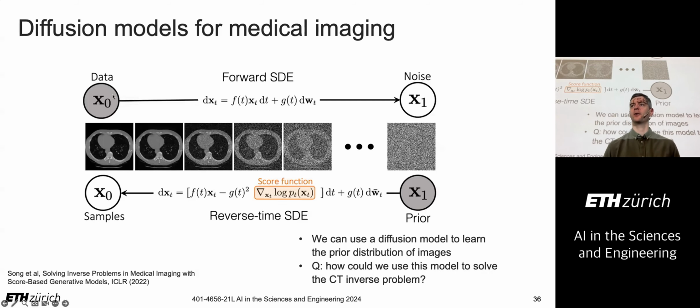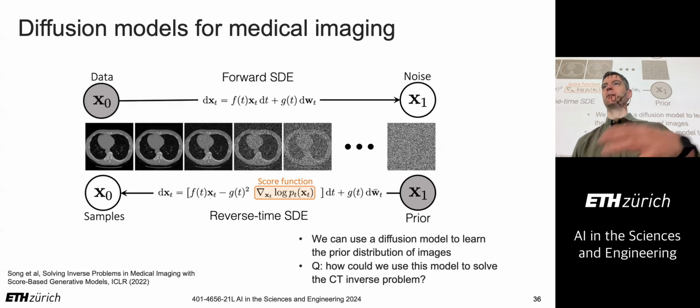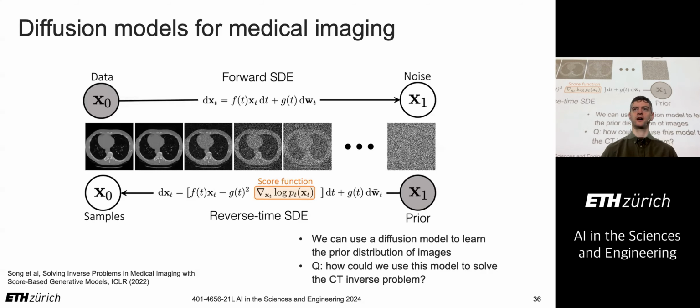So can anyone think of a way that we would incorporate our sinogram into this workflow to help the diffusion model come up with an image that solves the problem? What we're trying to do is create a conditional distribution here. We're trying to condition our diffusion model on some observed data to make an image that is the solution. Any ideas?